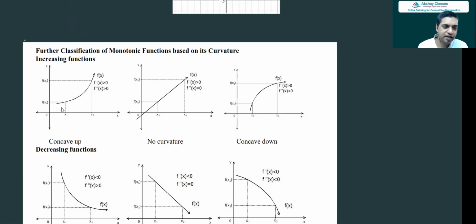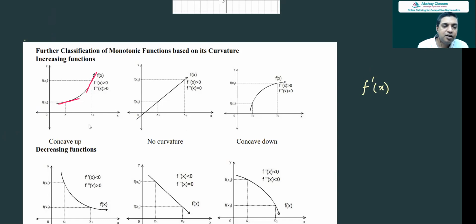Now look very carefully. At x1, I draw a tangent, and at x2 also I am drawing a tangent. Whose slope is greater? The tangent at x2. The inclination with the x-axis is greater, so the slope will be greater. What is slope? Slope is the derivative. So f dash x gives us the slope.